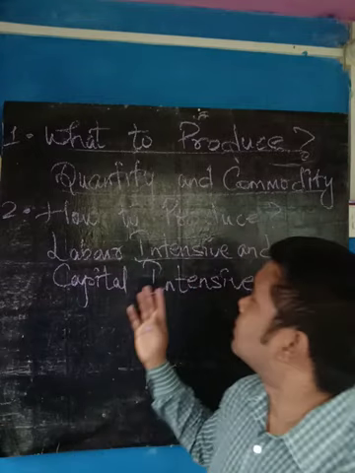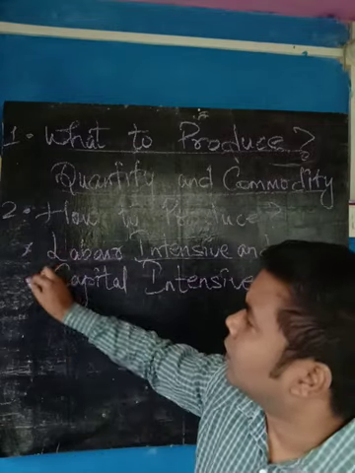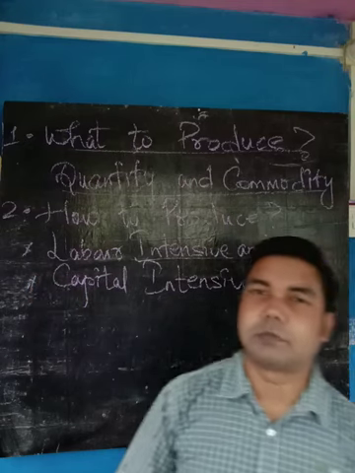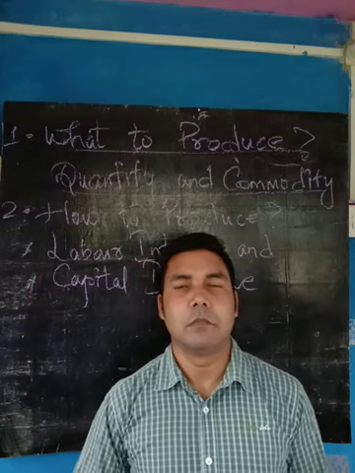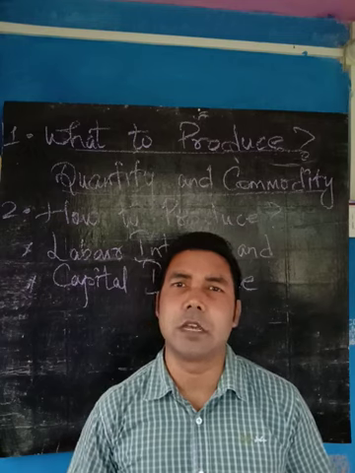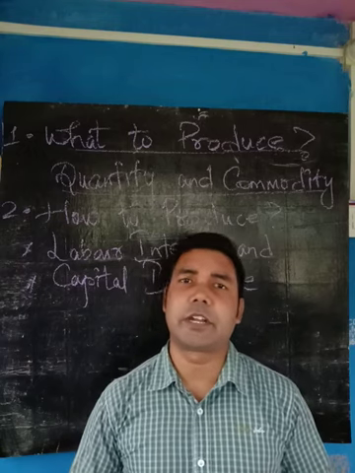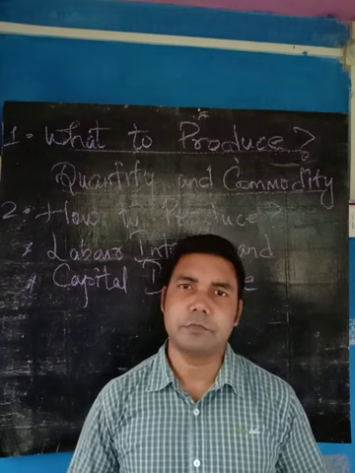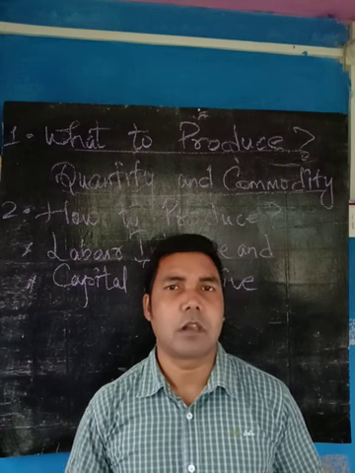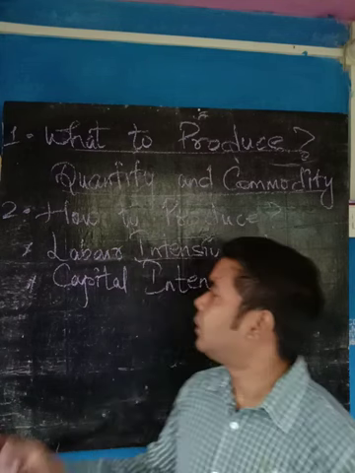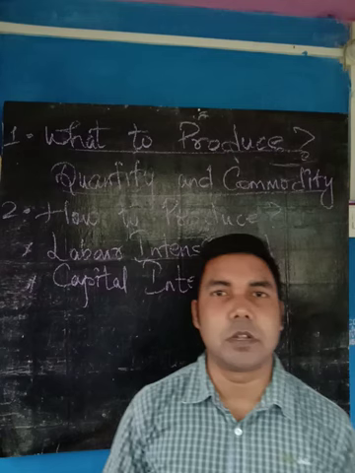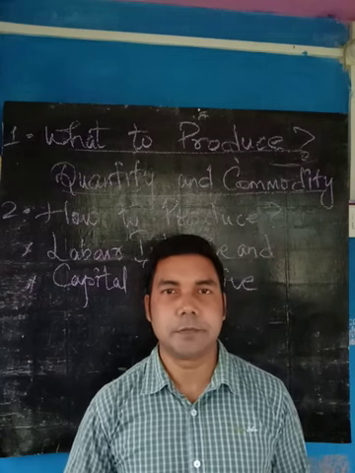How to produce depends upon labor intensive and capital intensive. So labor intensive is also called the outdated technology, the old method of technology, and capital intensive is also referred to as the modern technology.